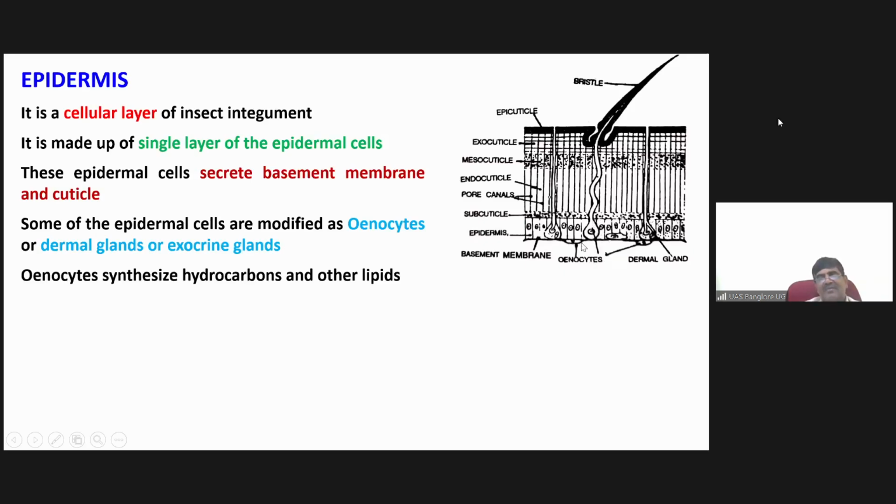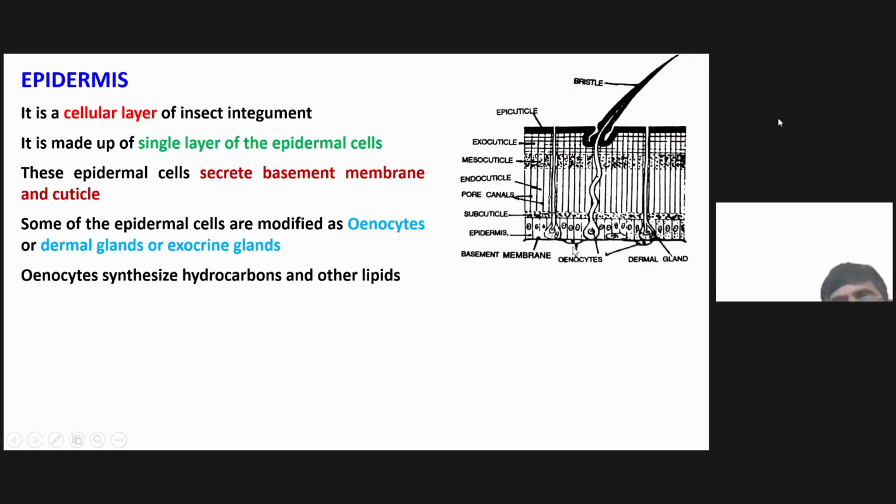As you see in the diagram, these specialized cells are called oenocytes. Or some of the cells may be modified as dermal glands or exocrine glands. So a few cells are modified as dermal glands and a few cells may get modified as exocrine glands.